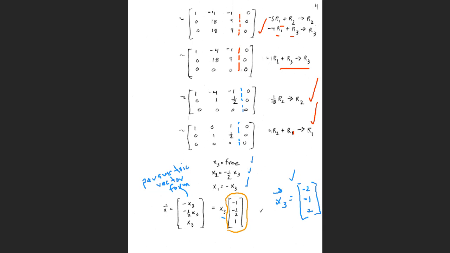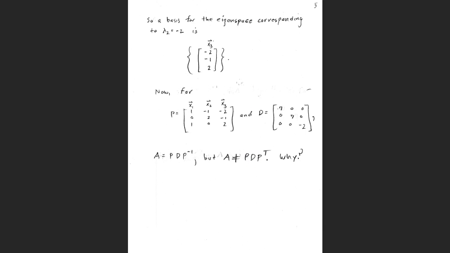And let's construct matrix P and matrix D with what we have. Here's the basis for the eigenspace corresponding to lambda 2 equals -2. We can choose to construct matrix P with the 3 eigenvectors that we found.